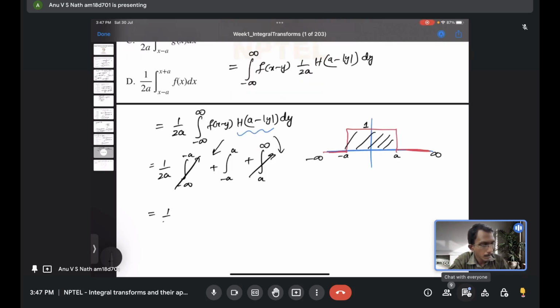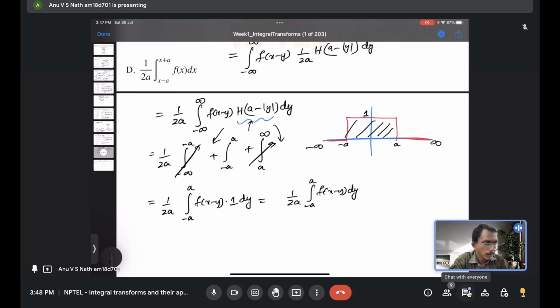Only the remaining term from minus a to plus a survives, the function f of x minus y times its value, since the Heaviside function has value 1 in this interval, dy. So it's 1 by 2a, integral from minus a to plus a of f of x minus y dy.